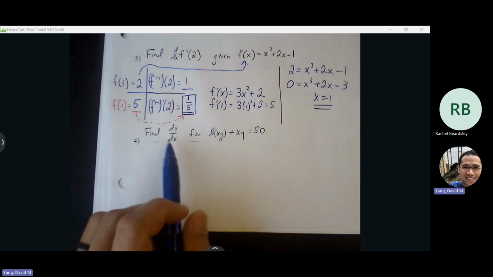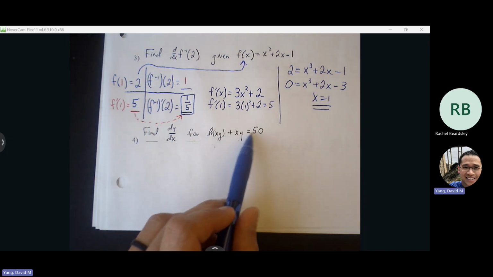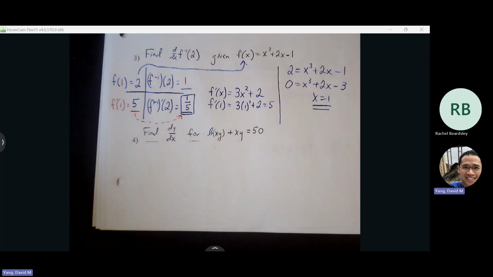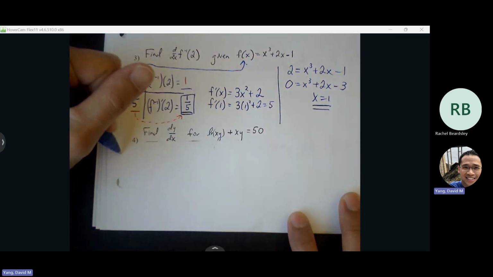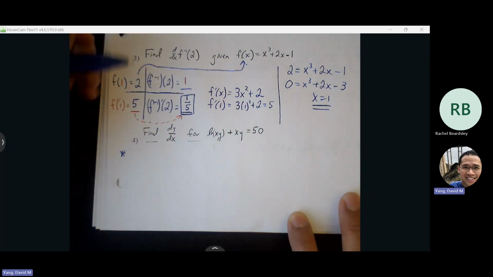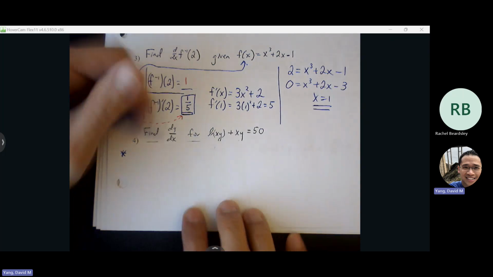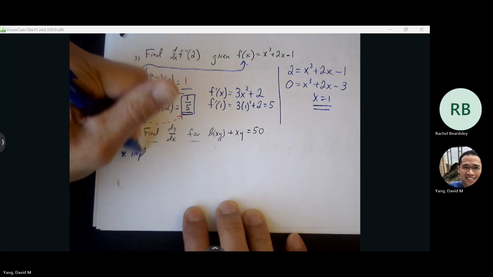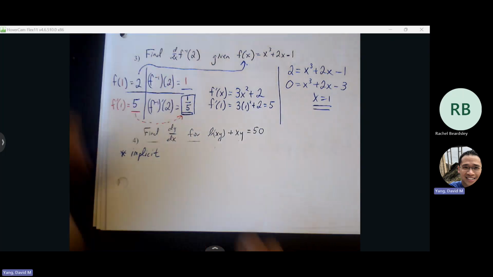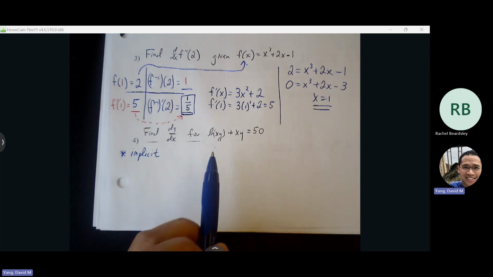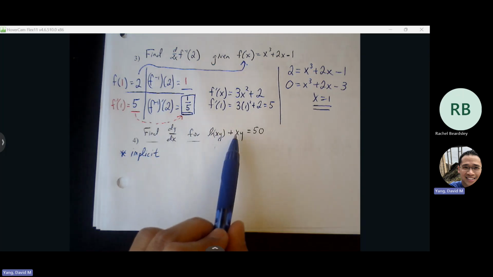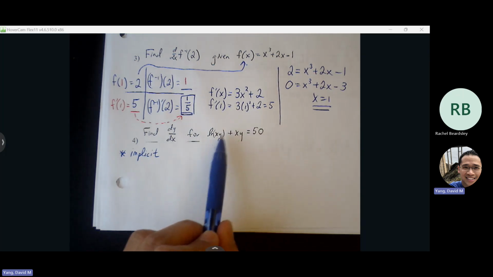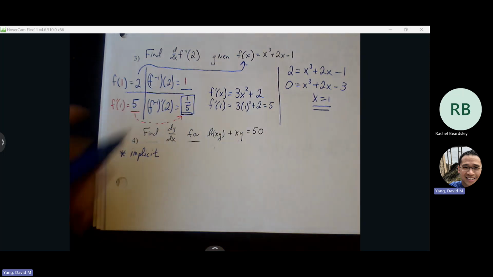All right, number 4, find the derivative for natural log of xy plus xy equals 50. A couple of things we want to make sure we are thinking about as we're working through this problem. We know there's implicit differentiation going on here, right? This is not a function where y is isolated on the left side. It's mixed into the equation, so we know there's going to be dy/dx showing up along the way.